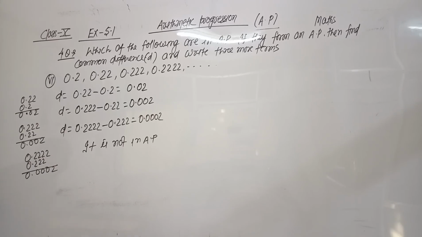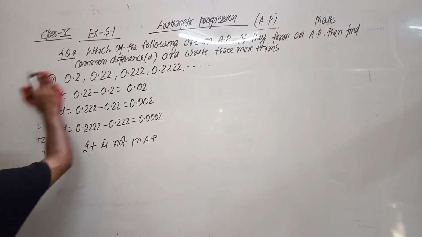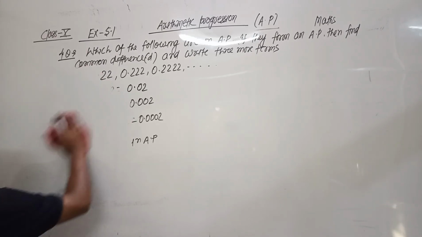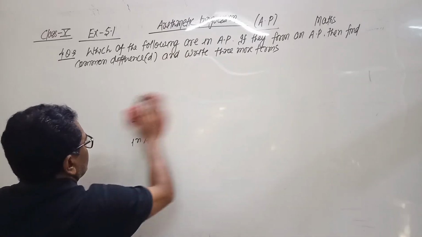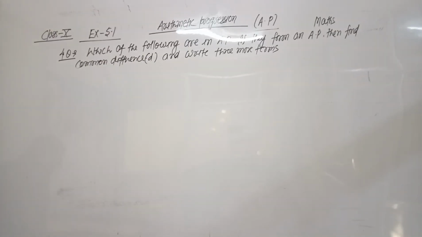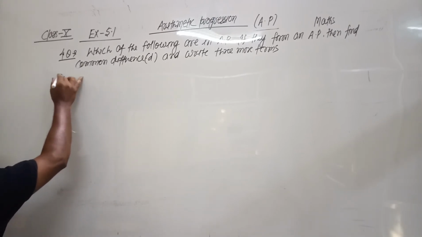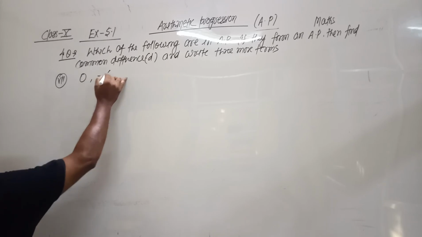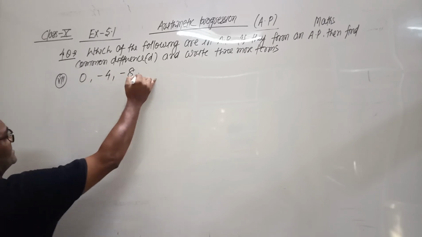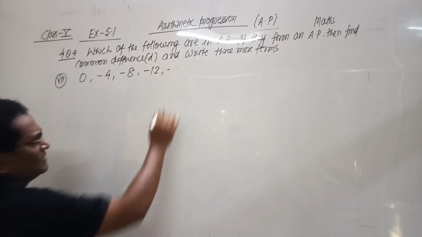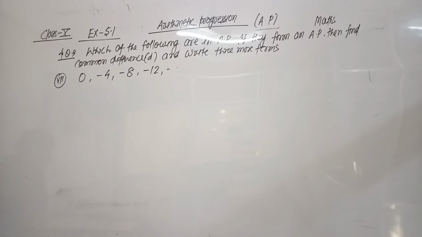It's part 7: 0, minus 4, minus 8, minus 12, and so on.